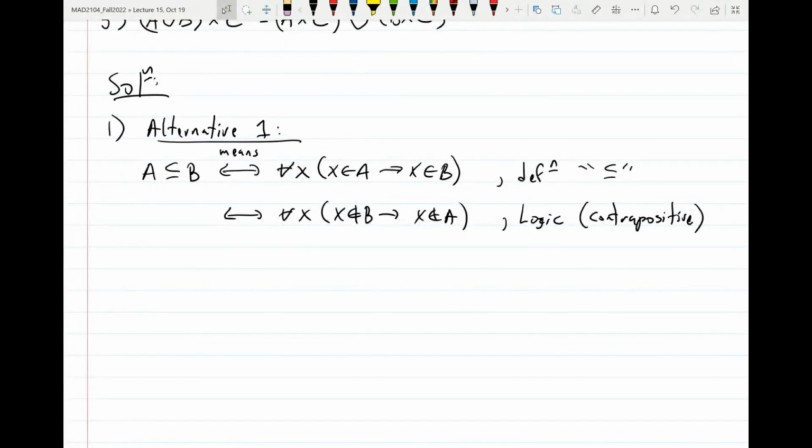What does this mean, if x is not in B? It's in the complement of B, that's what it means, right? And what does this mean? It's in the complement of A. So you write it down. So this means that for all x, I'm just going to rewrite the above line. All I'm doing is rewriting, but using the definition of complement. That's what we use here.